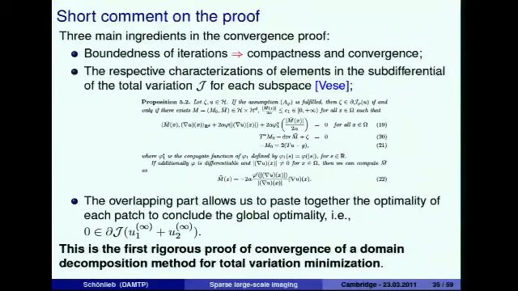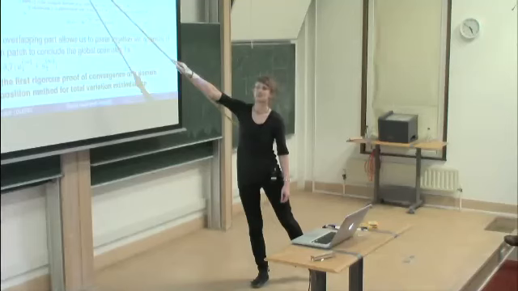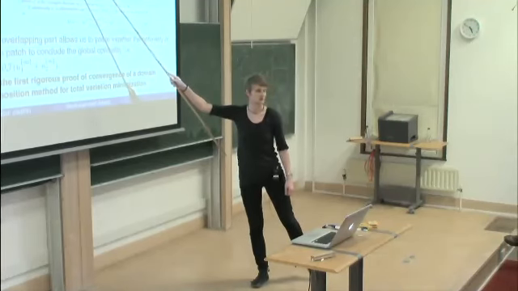And you want to stitch together these two characterizations that you get on each of the subdomains. You want to stitch them together to a characterization of a minimizer of J, or an element in the subdifferential of J on the whole domain.